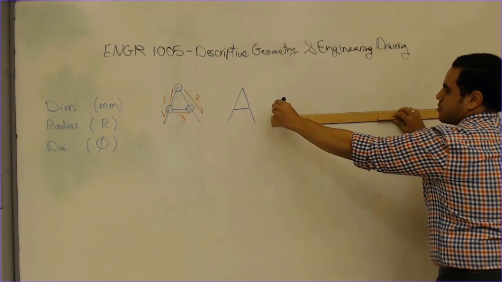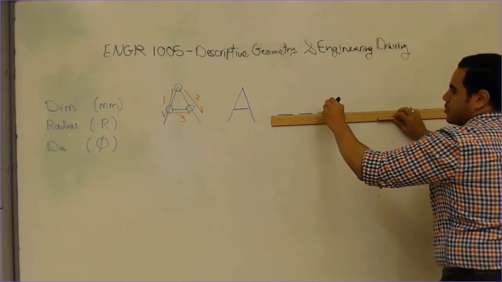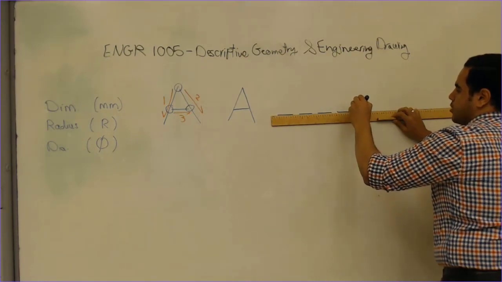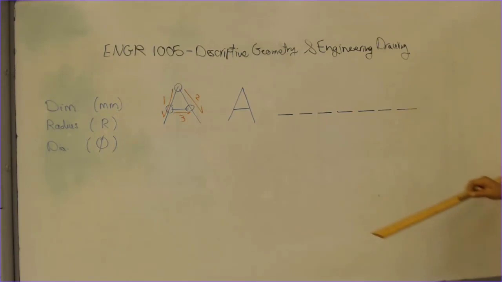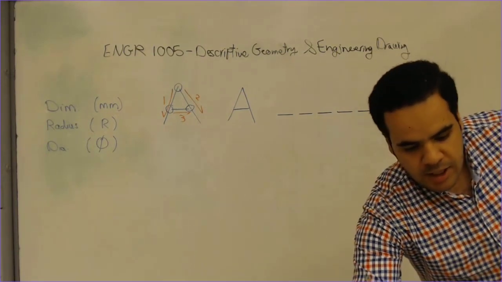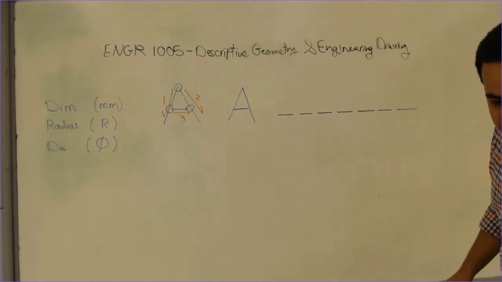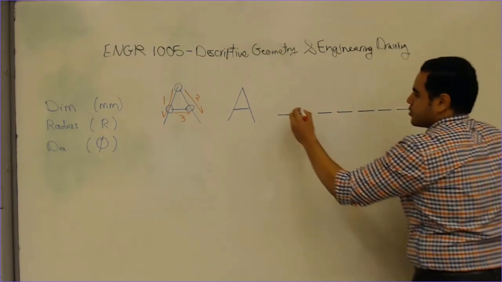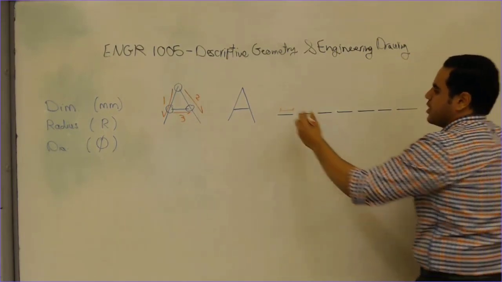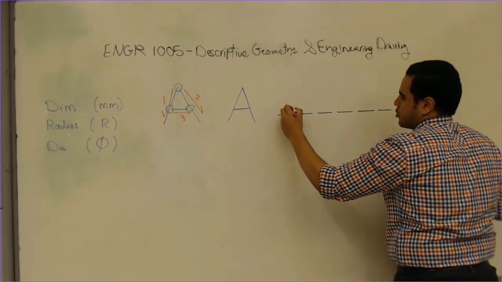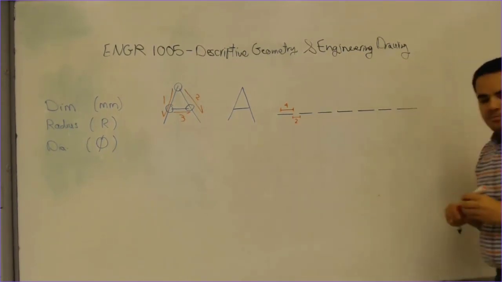So this is the heading of the dashed line. Dimensions wise, for the dashed line, the dash is 4 millimeters, and the gap is 2 millimeters.